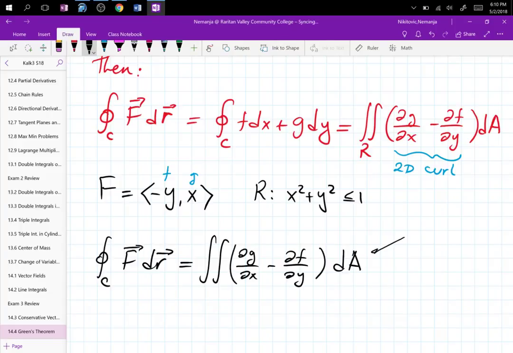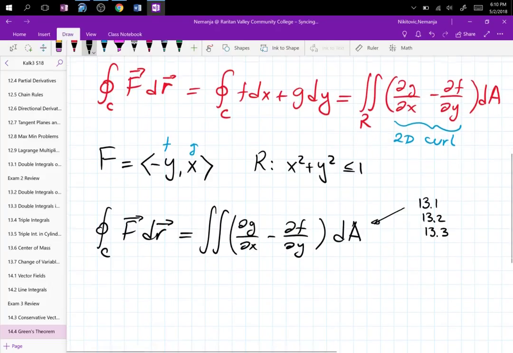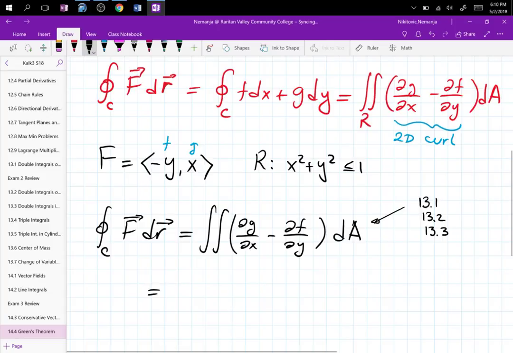Now I'm going to point with the arrow here and say whatever witchcraft works for double integrals, you will set it up in that realm. So you have 13.1, 13.2, and 13.3 for polar coordinates. One of those three will work for this. I have a unit circle, so I hope that polar coordinates make sense here. But before I set anything up, I just want to get my dg dx.